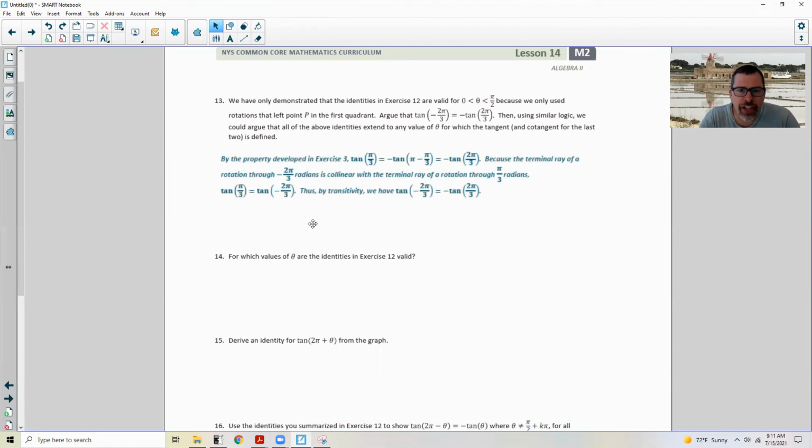By the property developed in exercise 3, we have the tangent of pi over 3 would equal the negative of tangent of pi minus pi over 3, which equals the negative of tangent of 2 pi over 3.